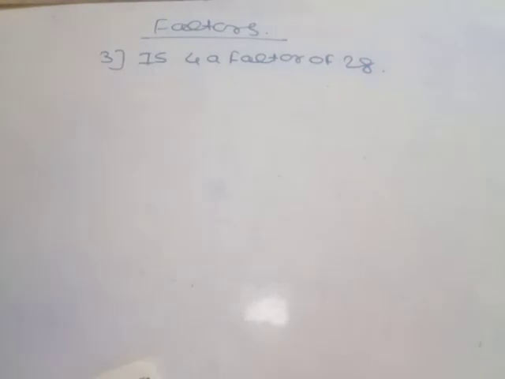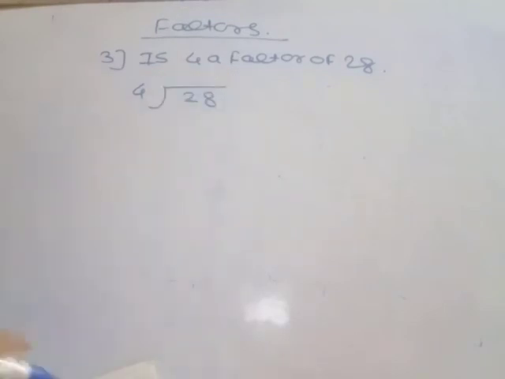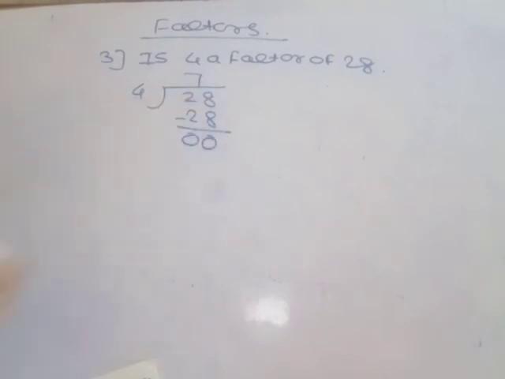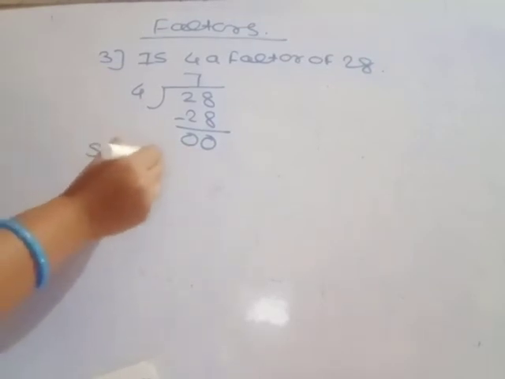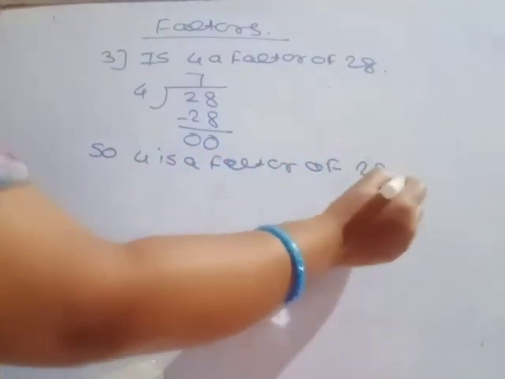Then 4 divided into 28. 4 1s are 4, 4 2s are 8, 4 3s are 12, 4 4s are 16, 4 5s are 20, 4 6s are 24, 4 7s are 28. When we divide 28 by 4, 4 divides 28 exactly. 4 7s are 28, and the remainder is also 0. So 4 is a factor of 28.